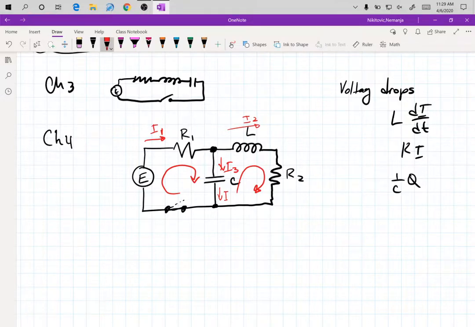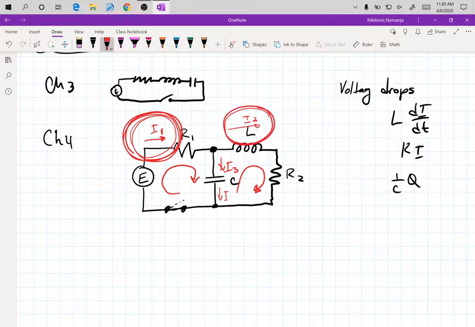And if you take a look at that, the current coming in from the source is this one, and this much is going to go away to power the resistor while the capacitor is charging. So clearly I is equal to I1 minus I2, because that's the remaining current.